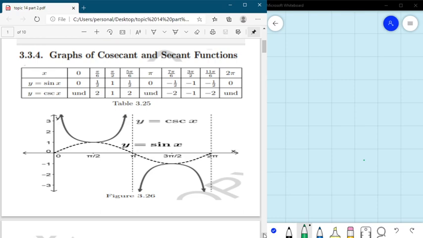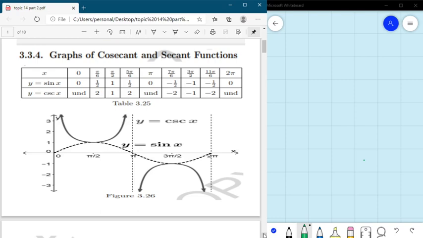So first, we observe that the domain of the cosecant function is all real numbers x such that sine of x must not be equal to 0, or x must not be equal to k pi, wherein k is an integer.